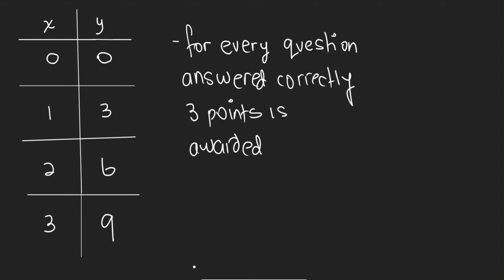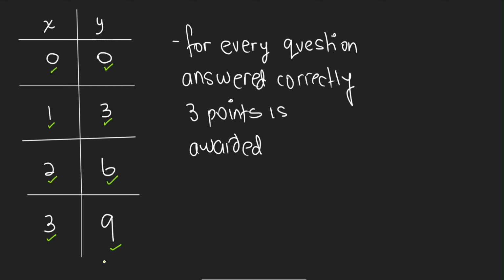Now let's look at the value table. Here, 0 questions answered correctly, therefore no points is awarded. Here, 1 question answered correctly and 3 points awarded. 2 questions answered correctly, 6 points awarded. 3 questions answered correctly, 9 points is awarded.